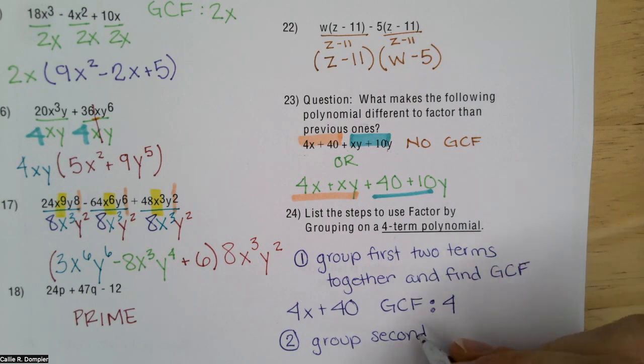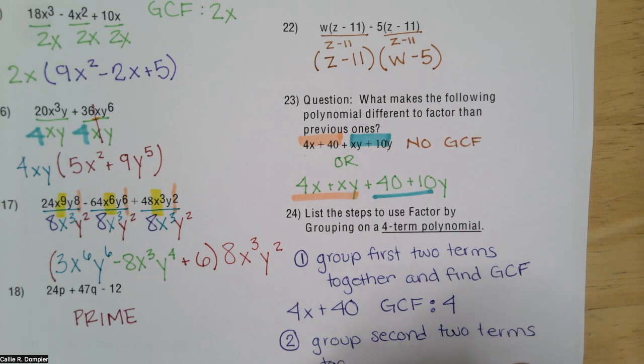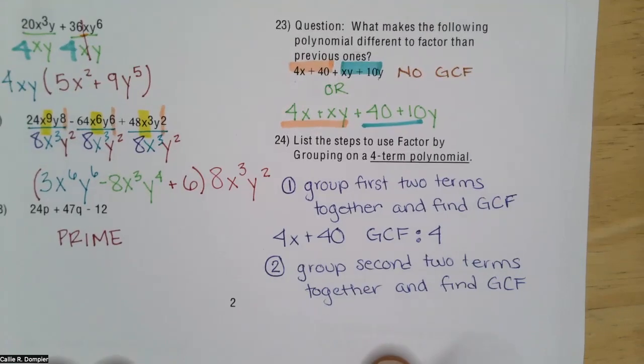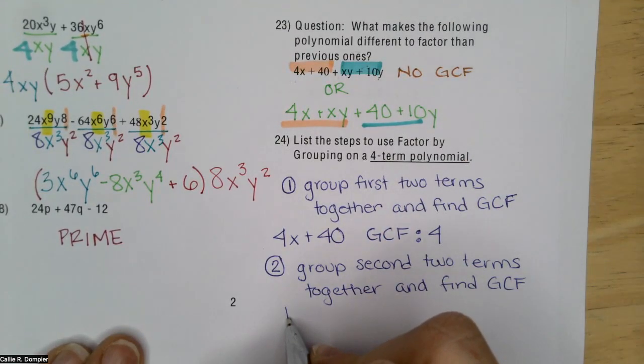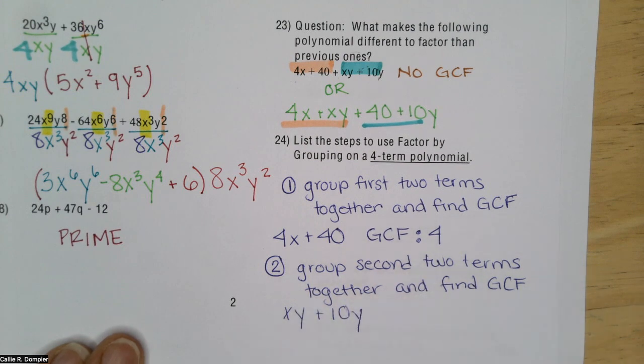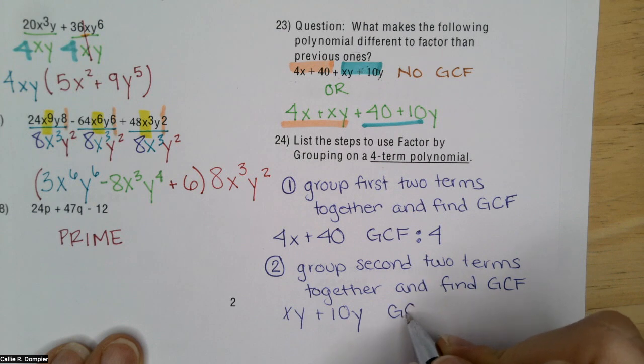Group the last 2 terms together. In this case, it is xy and 10y. And find this greatest common factor. Greatest common factor, all I have is variables.